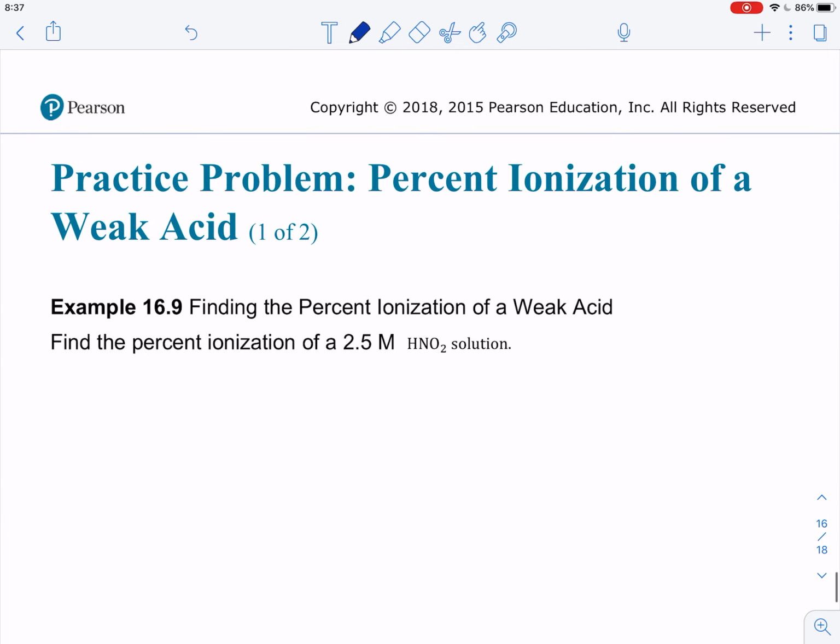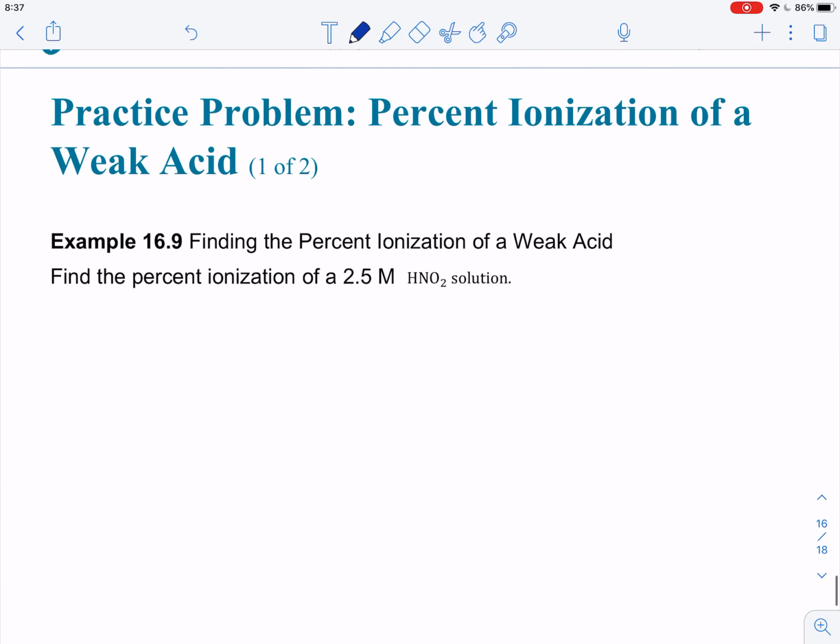Now in this problem we have percent ionization. In this case we're going to calculate the percent ionization of a weak acid. Percent ionization is the concentration of H plus divided by the concentration of the acid, times 100.